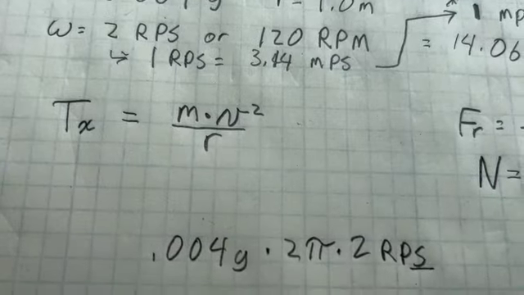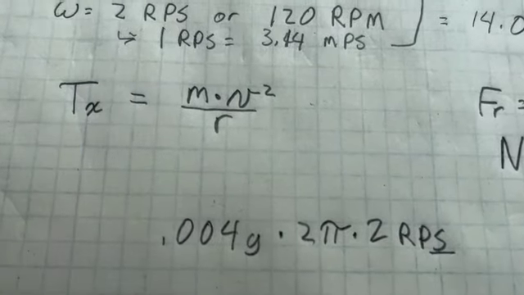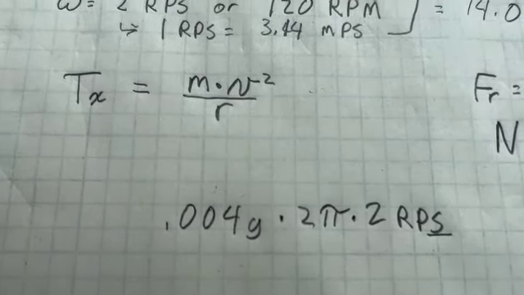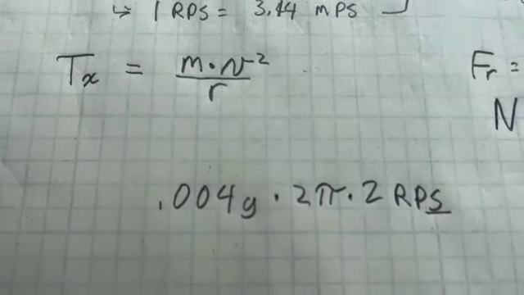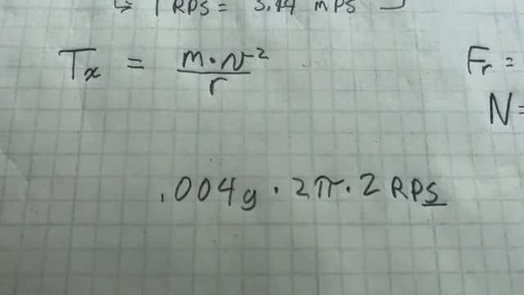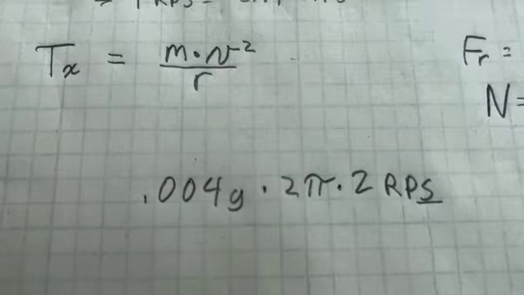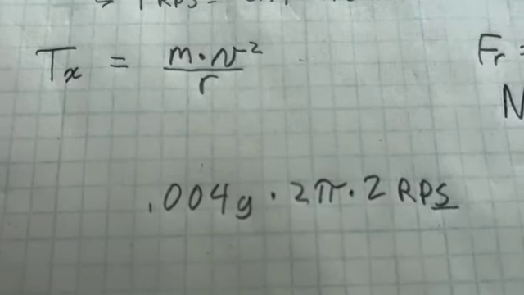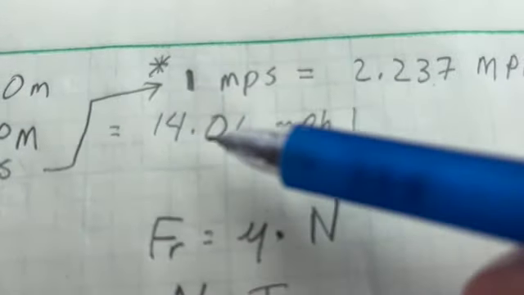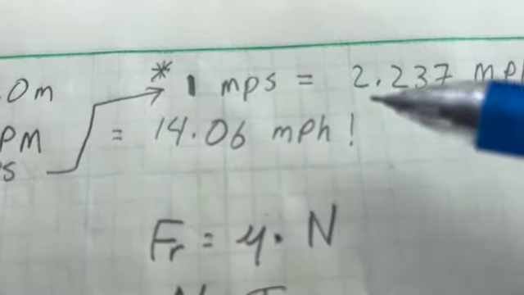I know it doesn't seem like much when you're swinging that ball over your head, but that ball's going around 3.14159 meters every second. That's 14.06 miles per hour. Think about that. That's not a casual walk. That's a brisk run at the least.